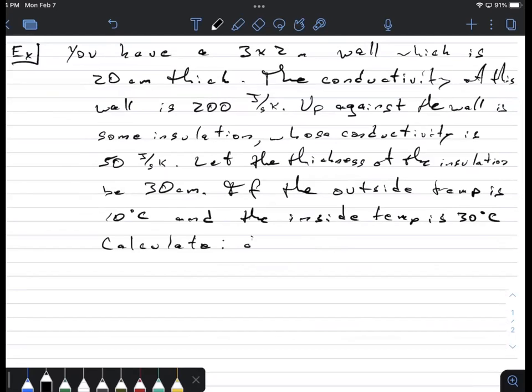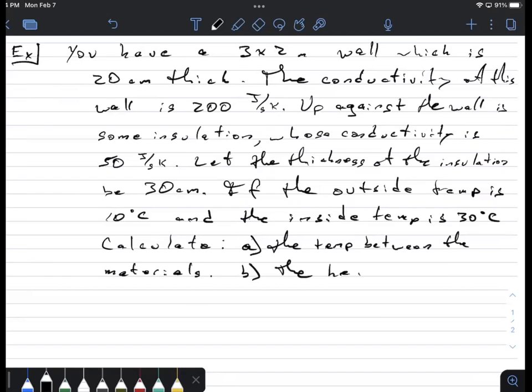Now I want two things here. Part A, I want to know the temperature between the materials, and B, the heat flow rate through the system.